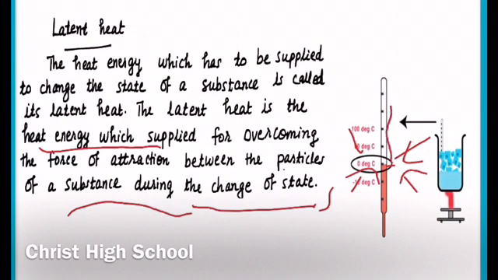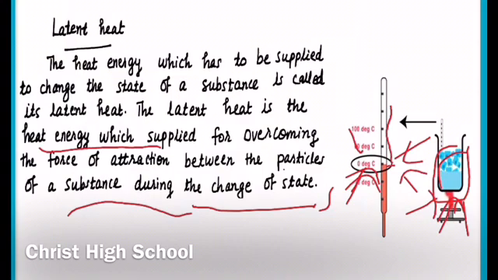That means the temperature remains constant at 0 degrees Celsius till the entire ice becomes liquid. During this time, whatever heat you are supplying is called latent heat. This latent heat is utilized for removing the force of attraction. It is not for increasing the kinetic energy.